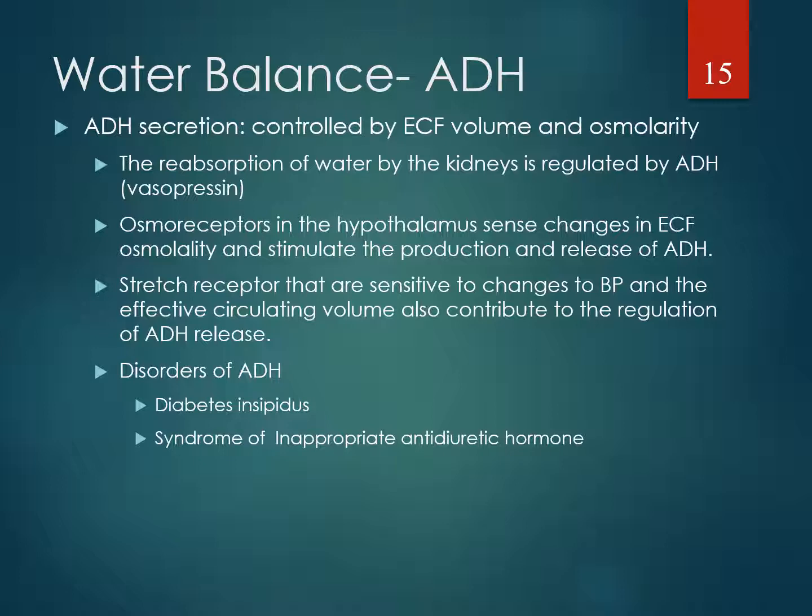Stretch receptors that are sensitive to change in BP and the effective circulating volume also contribute to the regulation of ADH release. A blood volume change of 5 to 10% produces a maximal increase in ADH levels.